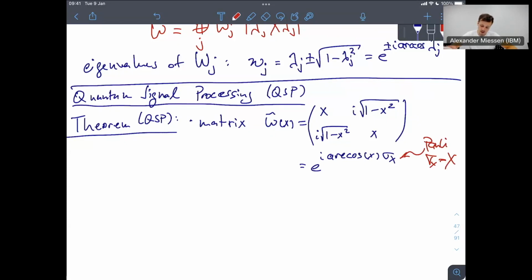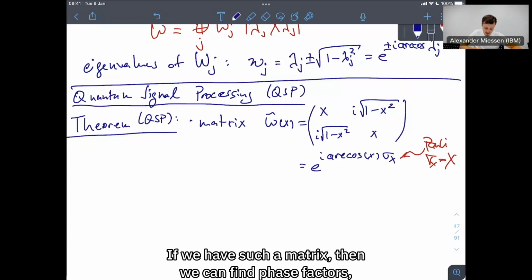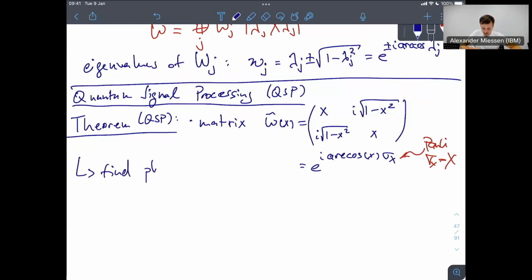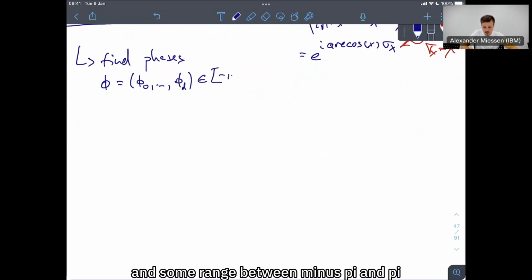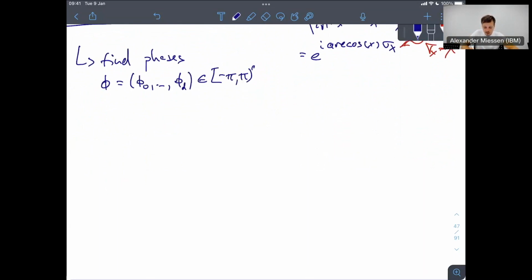Okay. If we have such a matrix, then we can find phase factors phi 0 to phi d in some range between minus pi and pi.